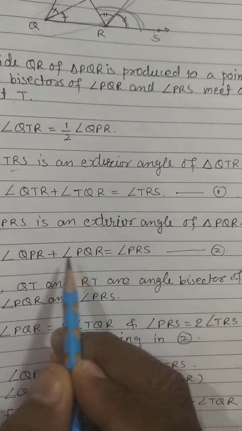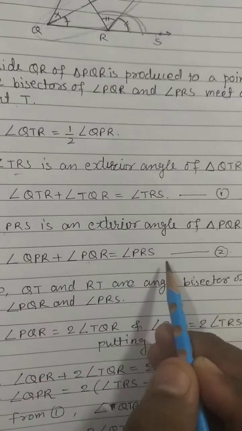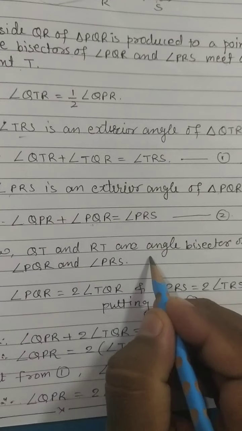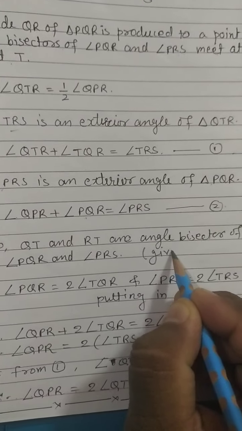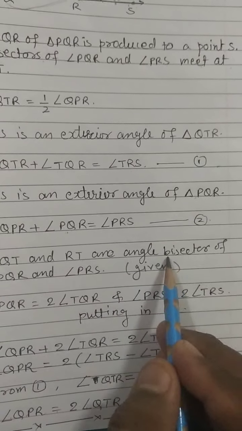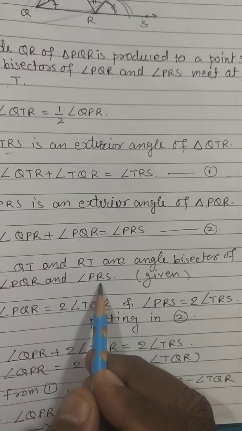That is, angle QPR plus angle PQR is equal to PRS. Now it is given to us that QT and RT are angle bisectors of angle PQR and PRS respectively, right?